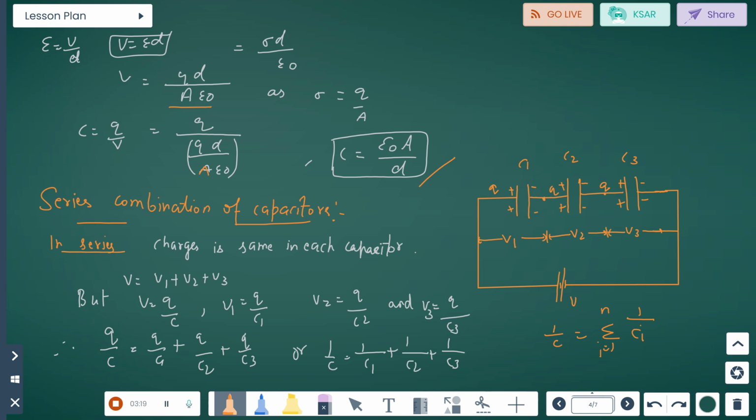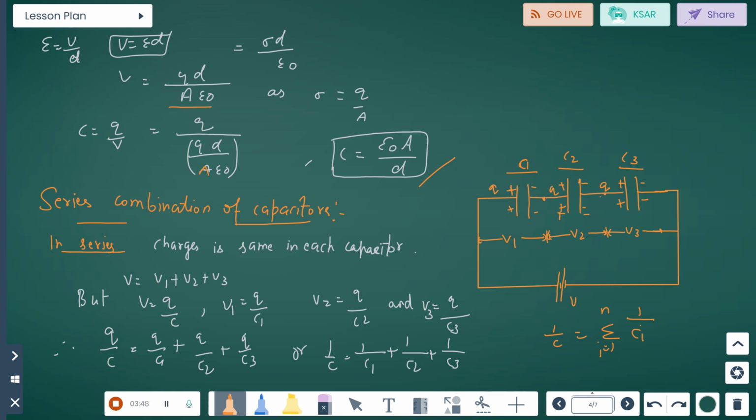Now series combination of capacitors. In series, the charge is the same in each capacitor. We have three capacitors C1, C2, C3 with charge Q, and the potentials are V1, V2, and V3.